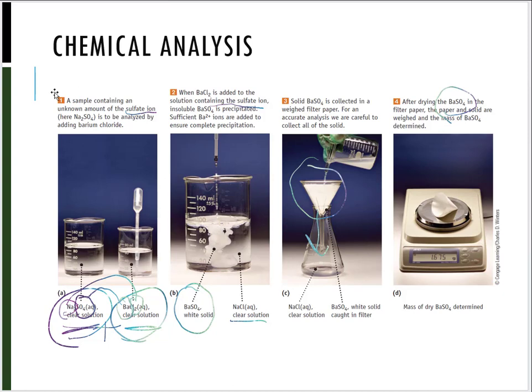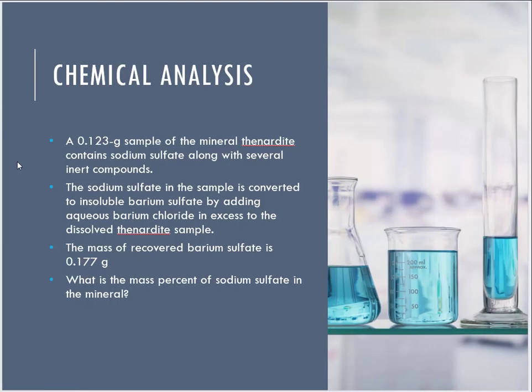So this next question, here we go. We have a sample of the mineral thernardite, and it contains sodium sulfate along with other inert compounds. Okay. So the sodium sulfate in the sample is converted to insoluble barium sulfate by adding barium chloride in excess to the dissolved thernardite sample. The mass recovered is 0.177 grams.